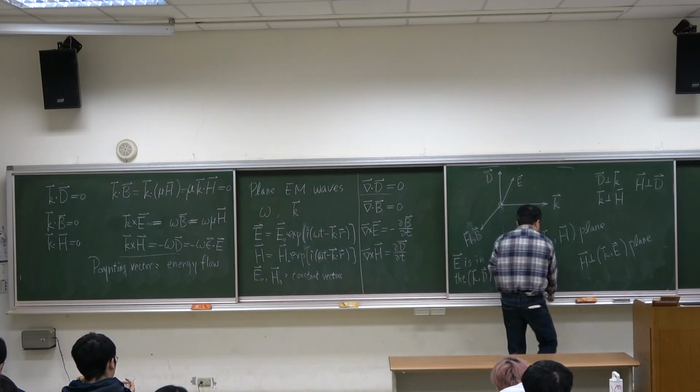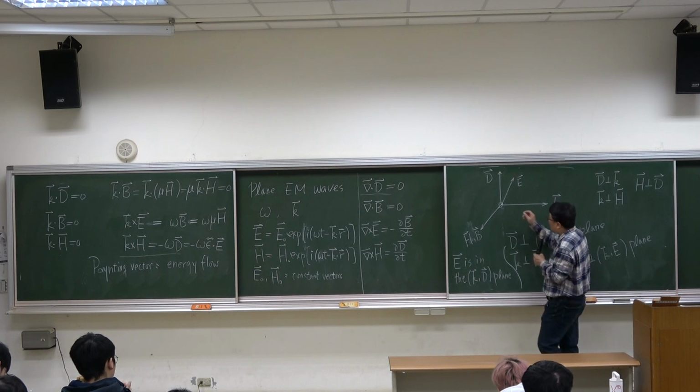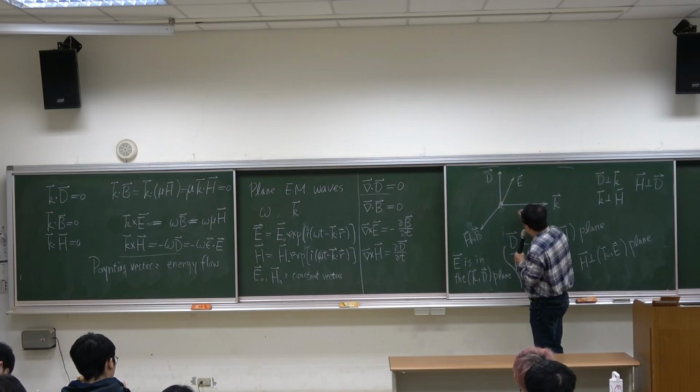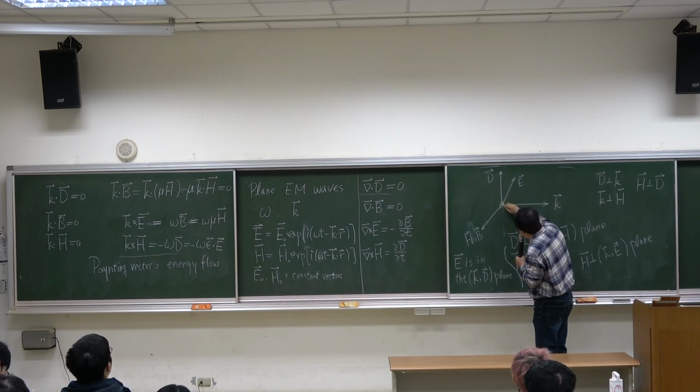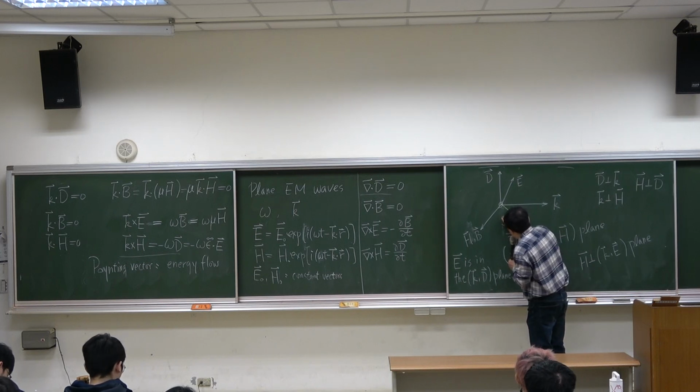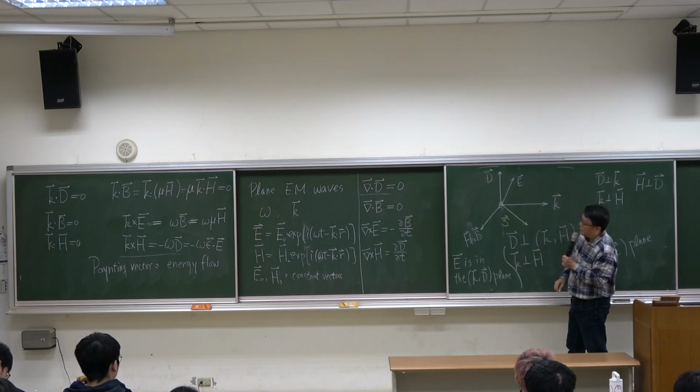So if you see this figure, what is the direction of Poynting vector? The Poynting vector is along a direction perpendicular to the EH plane.